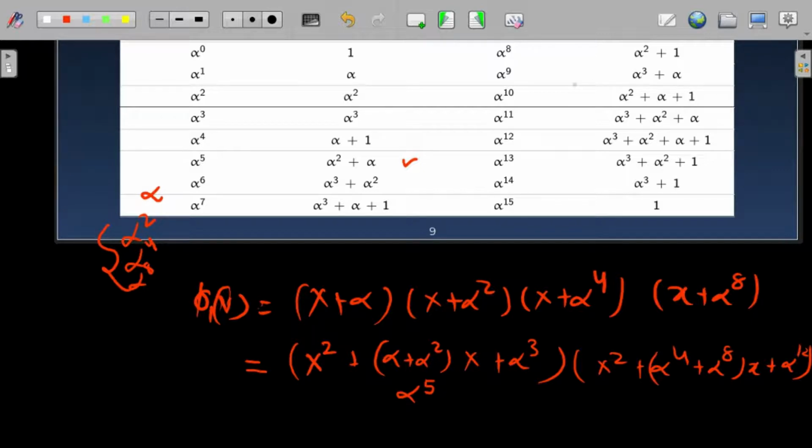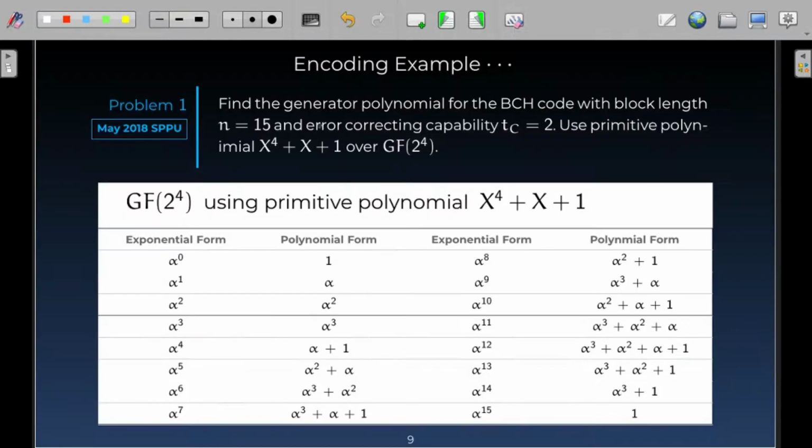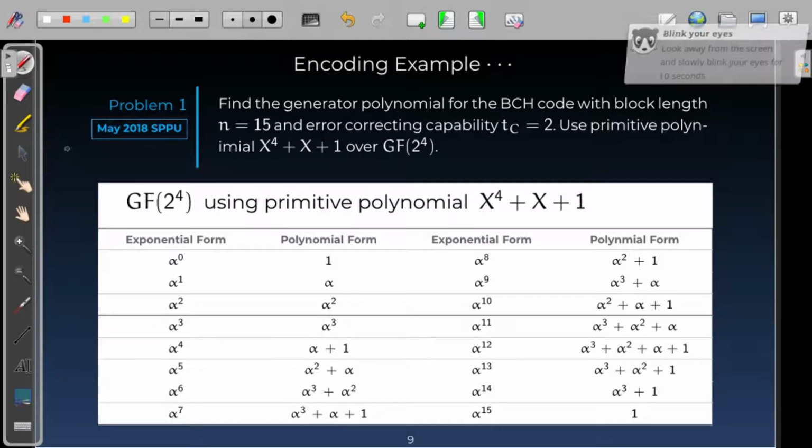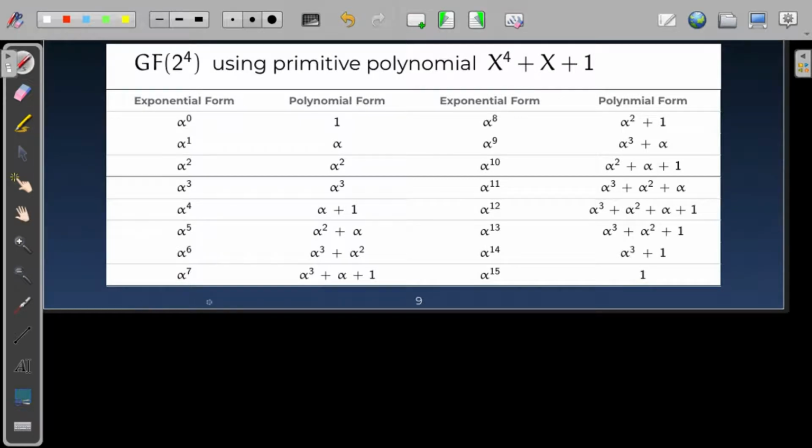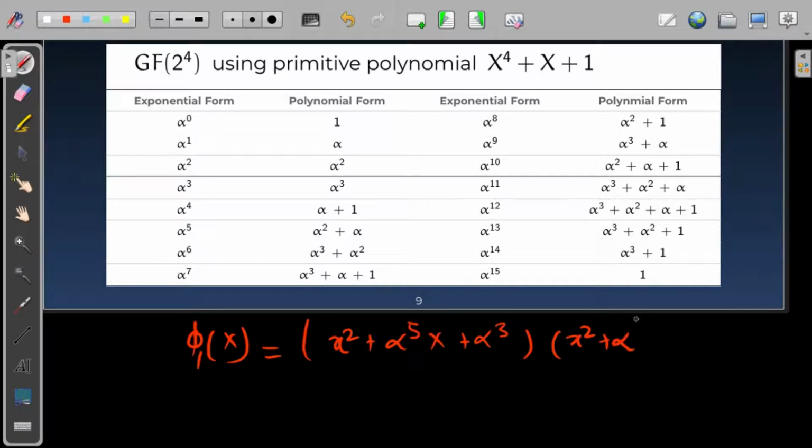So this is again equal to alpha square plus alpha, and that is also equal to alpha^5. So we now have phi 1 of x as x square plus alpha^5 x plus alpha cube, times x square plus alpha^5 x plus alpha^12.